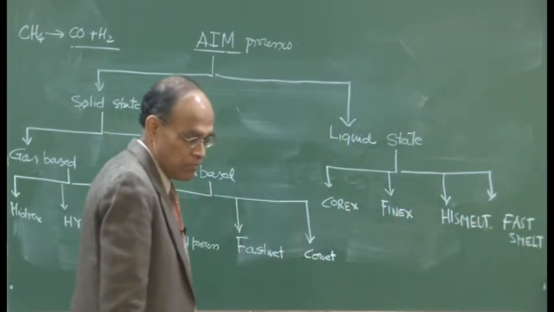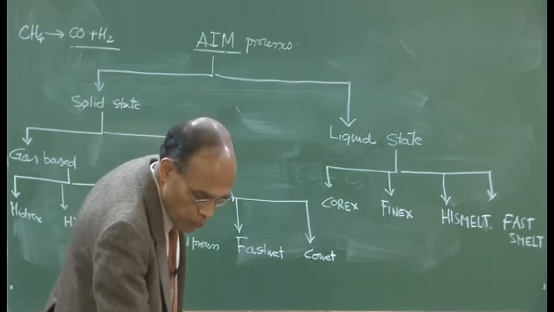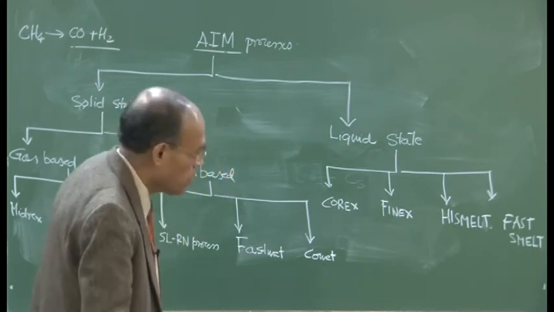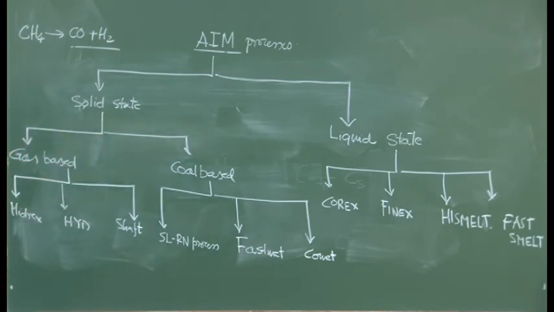That is what it is. So, I think I have given you the right ones, yes. So, these are the various kinds of processes that are available today in the market, okay?